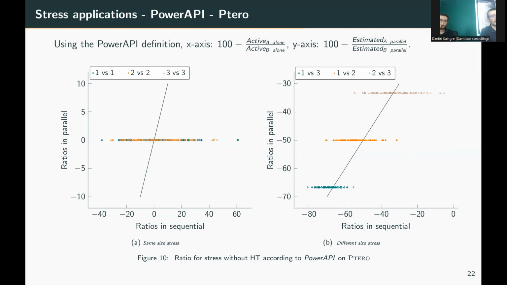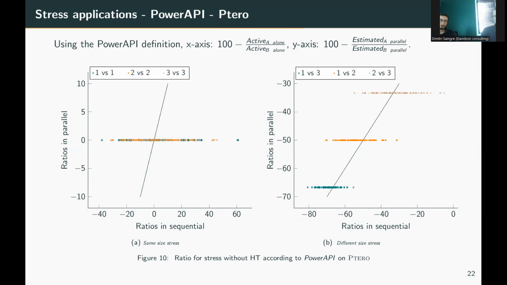If we are equal to 0 on that axis, it means the two applications consume the same amount of active energy when run isolated. If the number is negative, it means application A is consuming more than B, and if it's positive, it's the contrary. On the y-axis, you have what the power model gave us as a result.